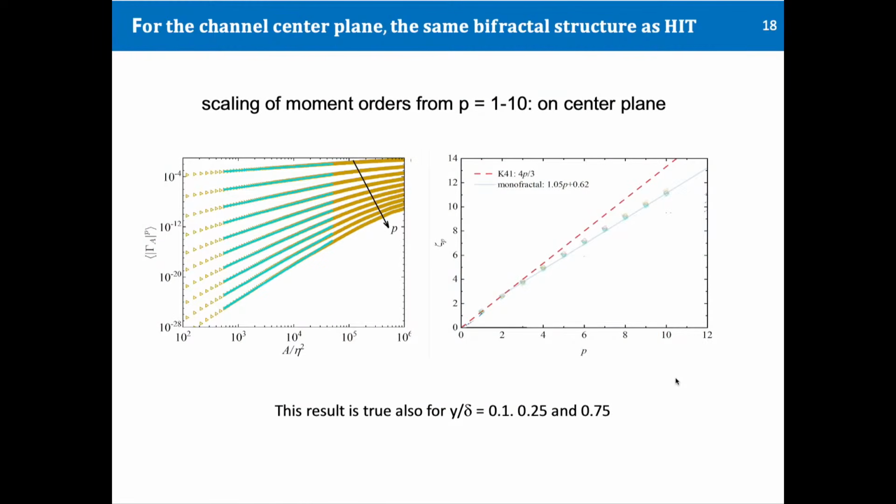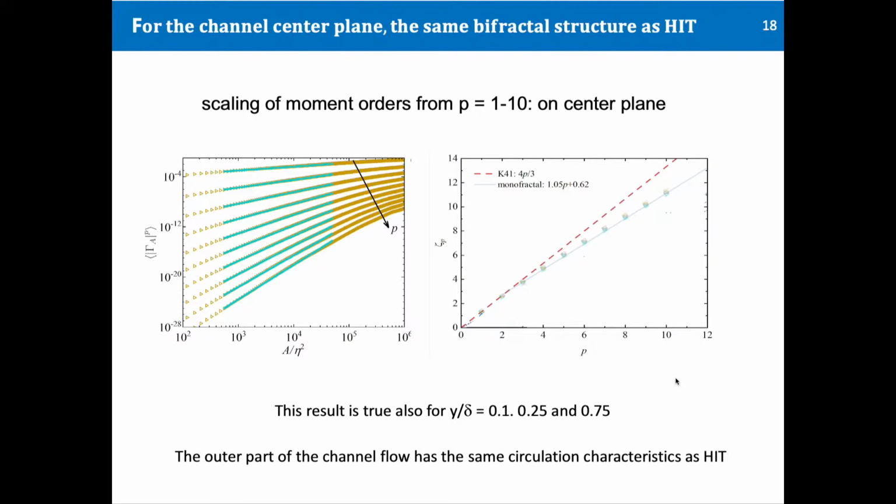So basically it says that if you're in the center plane, you should expect more or less things to be isotropic and homogeneous, which is what this is confirming for you in some detail. So the outer part of the channel flow has the same circulation characteristics as homogeneous and isotropic turbulence.